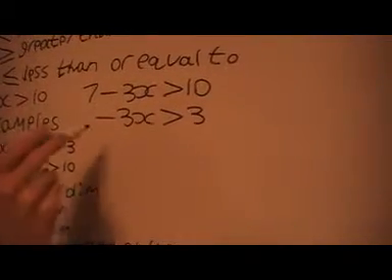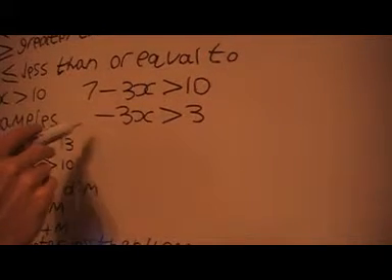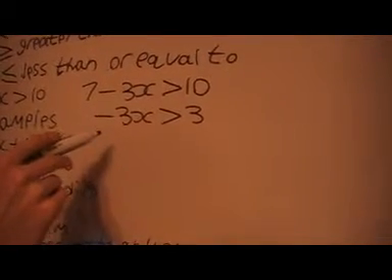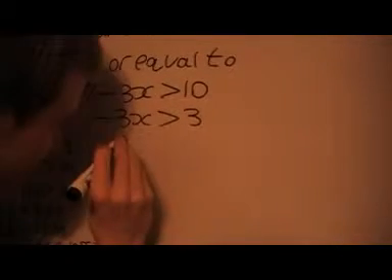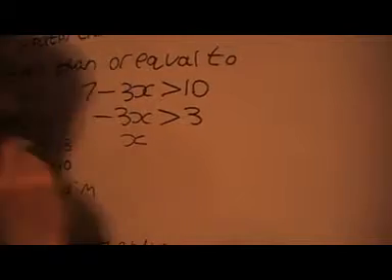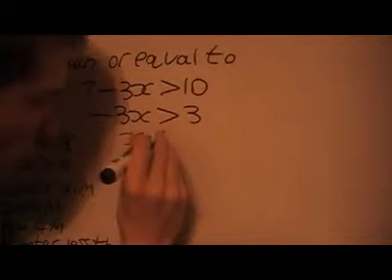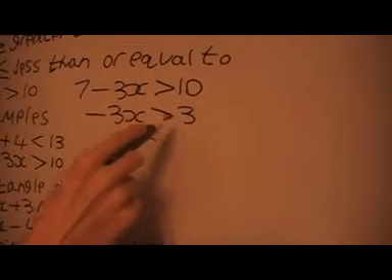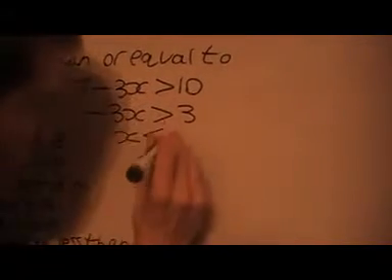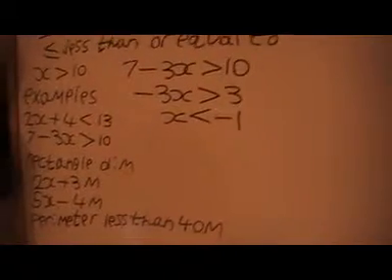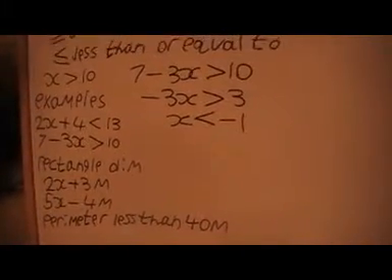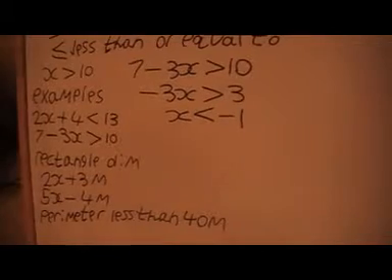And now what I have to do is divide both sides by minus 3. Now this is where you have to be careful. We're getting x here, we reverse the sign, so now it's facing the opposite direction. Minus 3 and 3, that's minus 1. So any number less than minus 1 would do it.